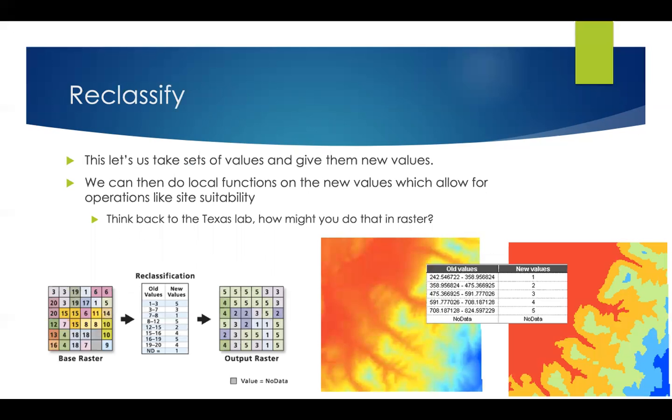And then finally, let's talk about reclassification. This allows us to replace certain values with other values to do some other type of raster analysis. For instance, we might want to reclassify our rainfall rasters into, say, classes of high, medium, and low.